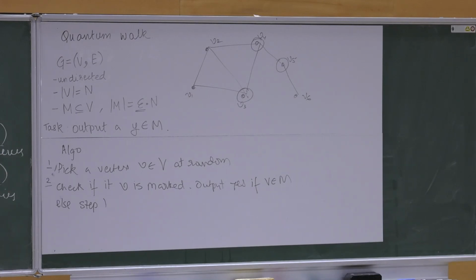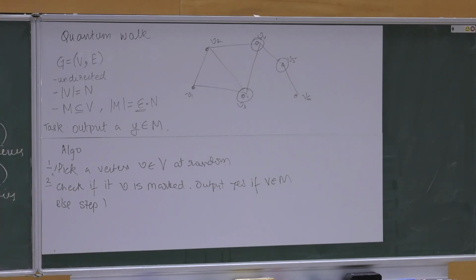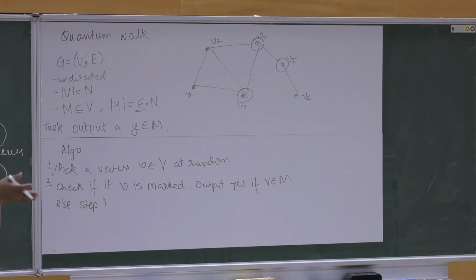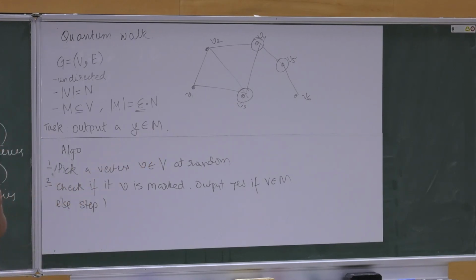Now, how many times would you want to repeat this step to be, not sure, but almost sure? 1 over epsilon, yes, because that will be the expected number of times you run the procedure before you hit a marked vertex, okay? You can use Markov's inequality here to bound that with high probability, so you will never have to go much more than the expected number of steps.